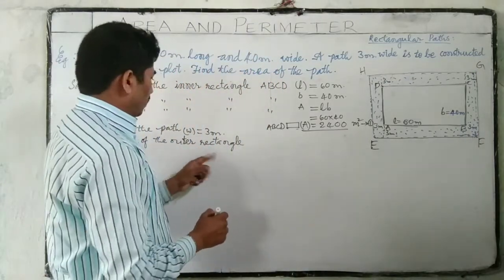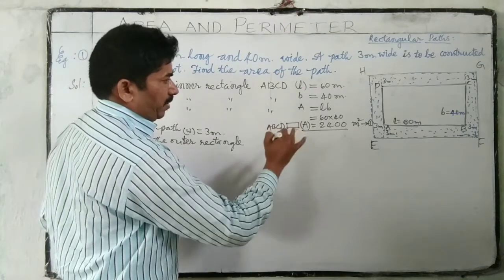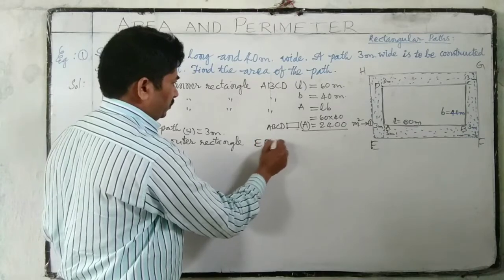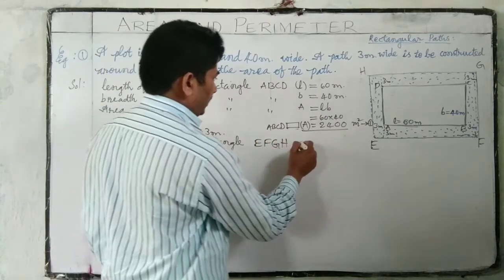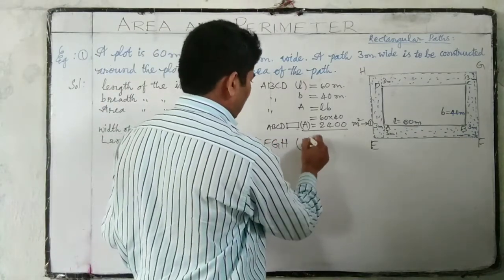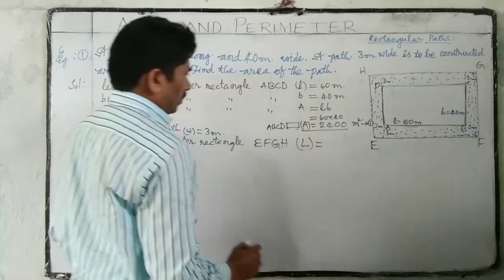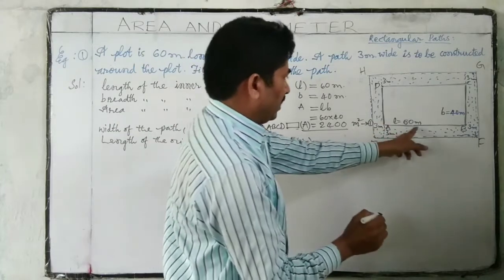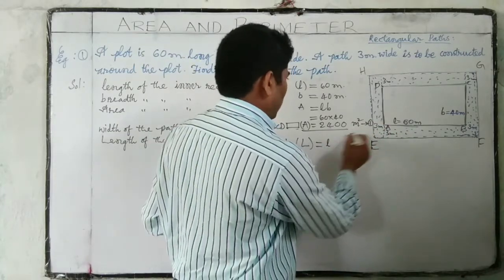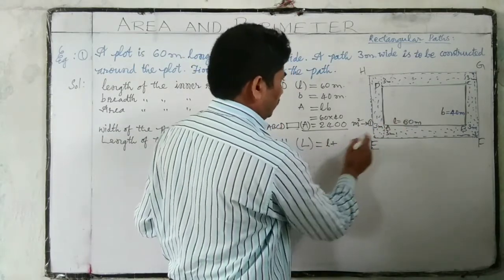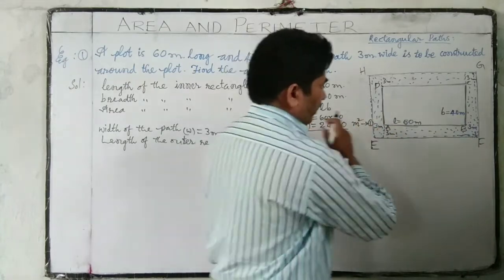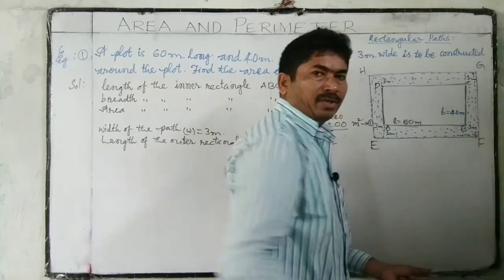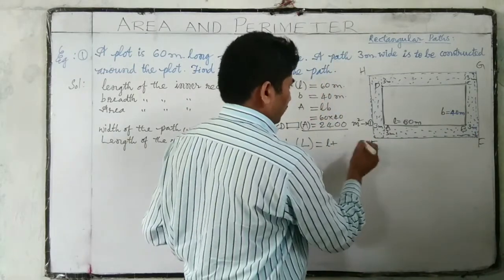Length of the outer rectangle EFGH, capital L is equal to the length of the inner rectangle plus left side 3 meter width, right side 3 meter width.